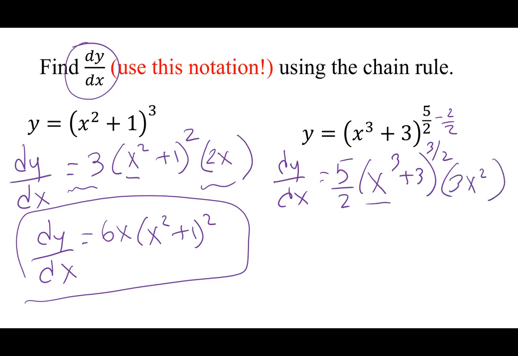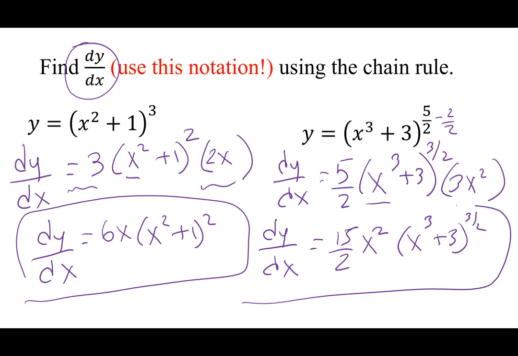The derivative of a constant is 0. Clean it up. So 5 over 2 times 3x squared. That would give you 15 over 2 x squared times x cubed plus 3 to the 3/2. And we wouldn't care whether you left it as a 3/2 or the square root cubed. Anything would be fine so long as your exponents are positive.